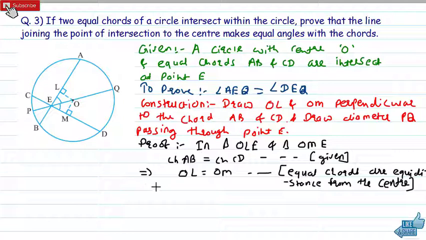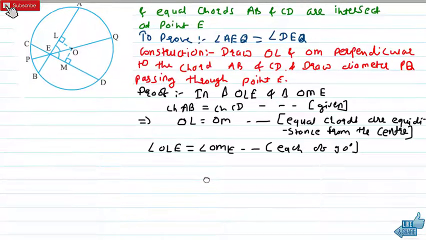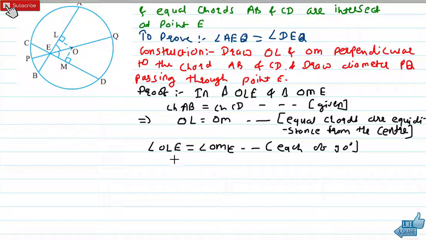So we can write here angle OLE is equal to angle OME. The reason: each is 90 degrees. And the last one, OE is equal to OE. The reason is very simple: common. OE is equal to OE, same as the previous example, common.